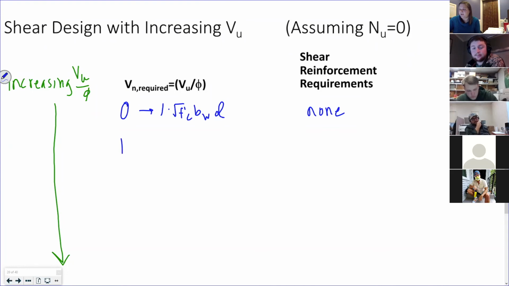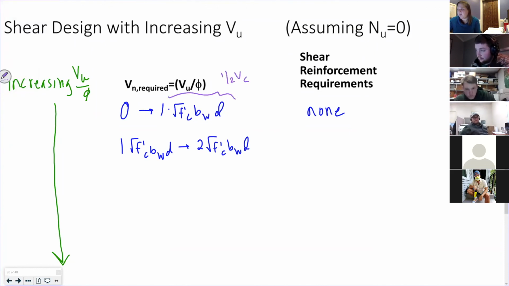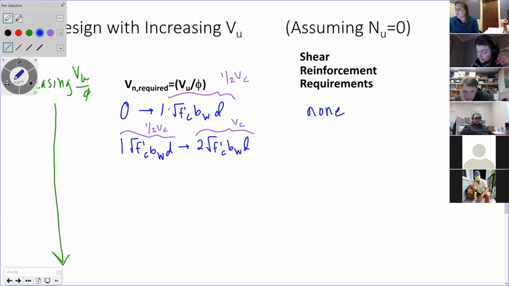From half of my shear strength of my concrete to all the shear strength of my concrete, I need to provide Av min.